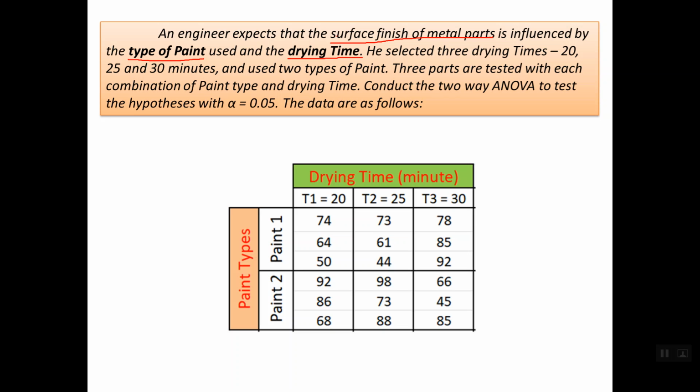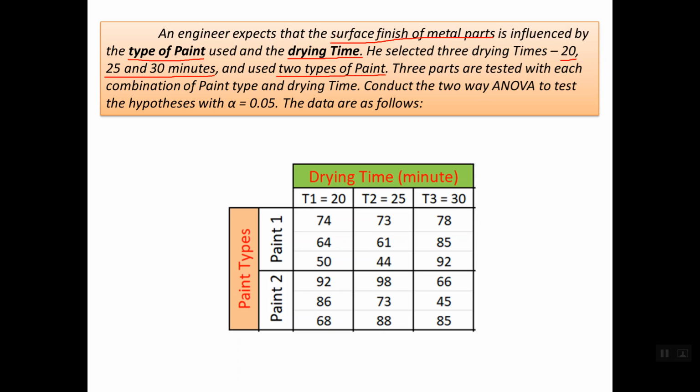He selected 3 drying times, 20, 25, and 30 minutes. So these are the levels for the drying time, and used 2 types of paint. So these are the levels for the paint factor.